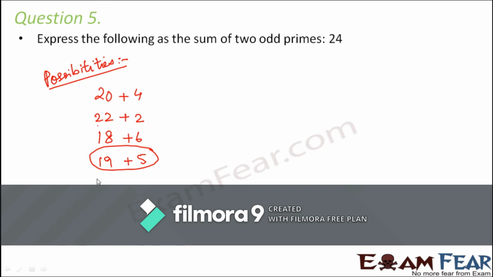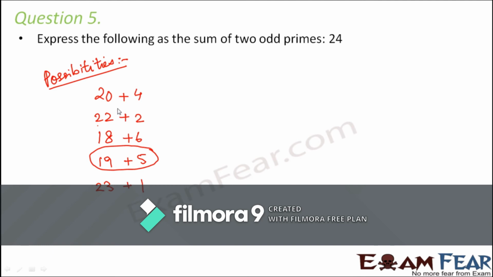Both of these are even numbers. Now if you increase 22 by 1, it becomes 23, which is a prime number and also an odd number. Now since you are increasing 22, you will have to decrease 2. That means it has to become 23 plus 1. But 1 is not a prime number. Therefore, 23 plus 1 would not be your answer.